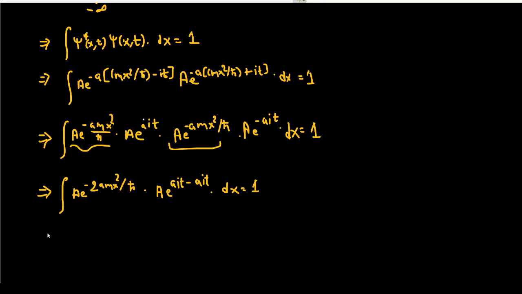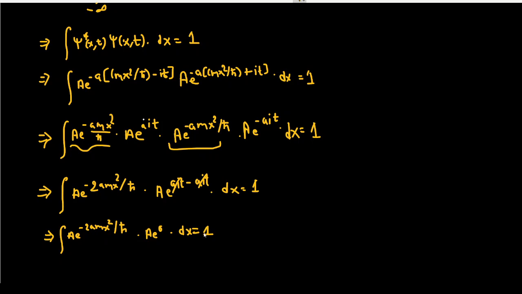Now we can write it as the integration of a e to the power minus 2a m x squared divided by h cut into a e to the power 0, because this and this will cut out and this will become 0, dx is equal to 1.